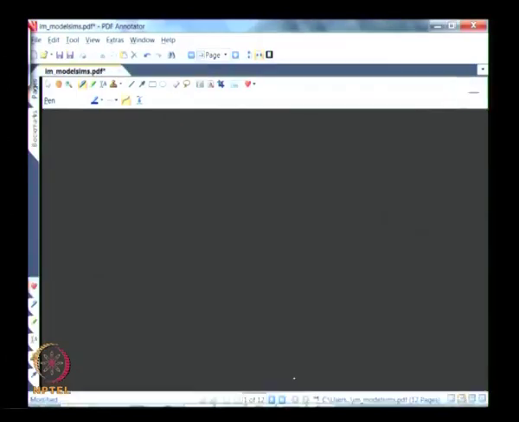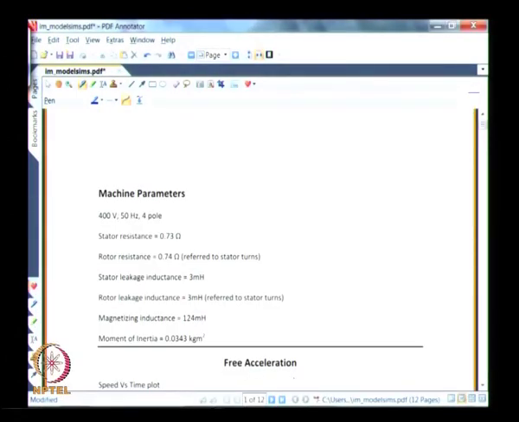Let us take an example where we have an induction machine. The machine that we are looking at is a 400 volt induction machine, 50 hertz supply, and it is a 4 pole machine. That means we expect that the synchronous speed will be 1500 rpm.